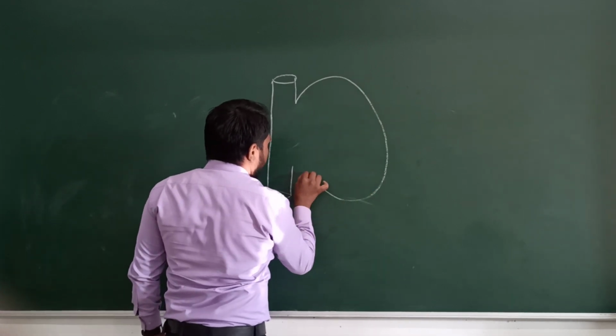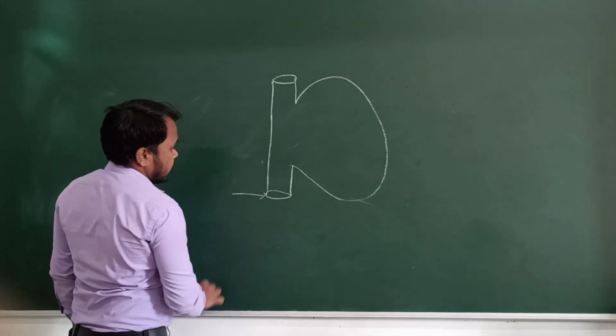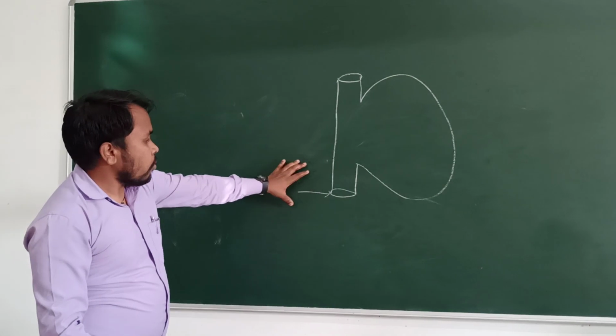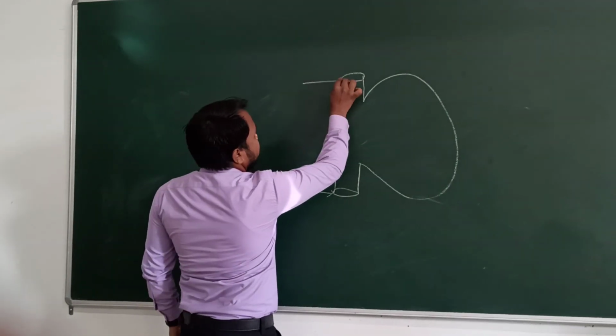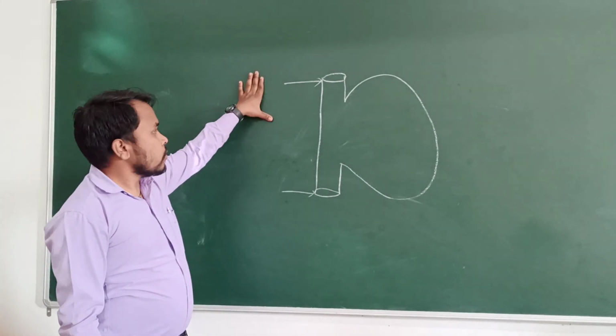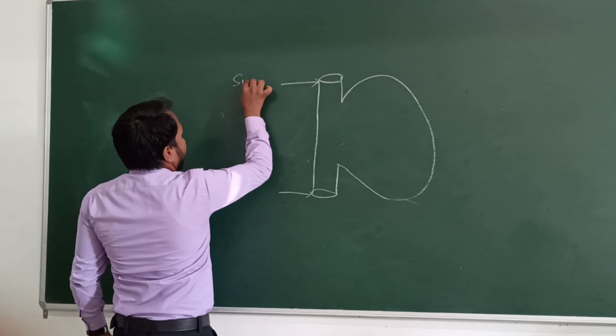simple structure of heart. So you can see here, this is a special tube located on the inferior side of the body, and this is another tube, also located on the superior part of the body. So we can say this part is superior vena cava.